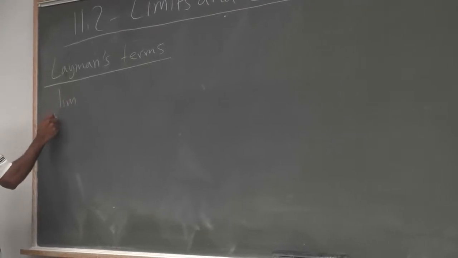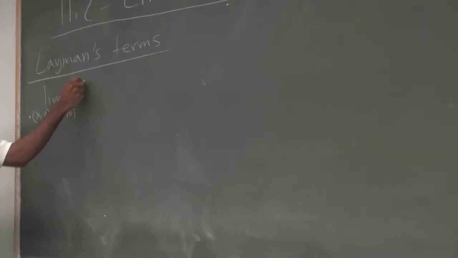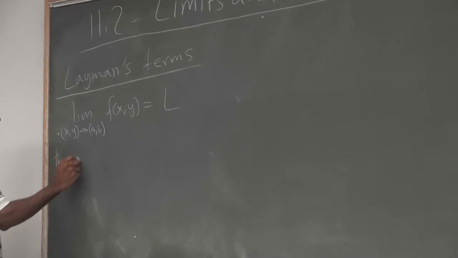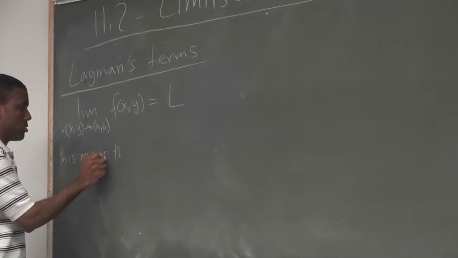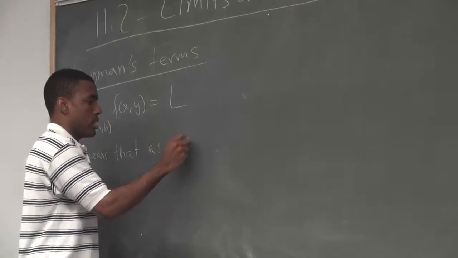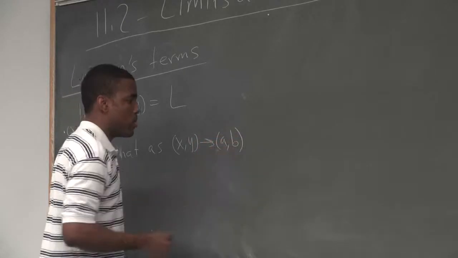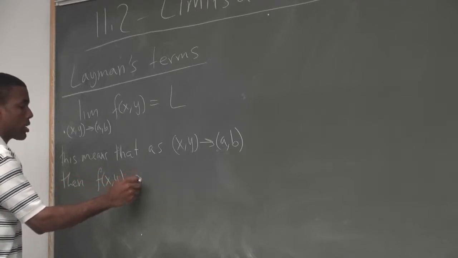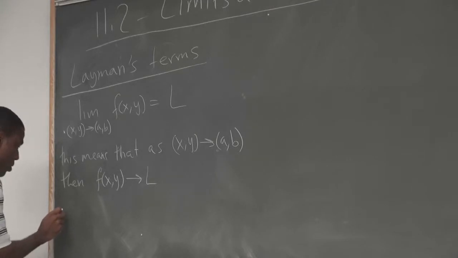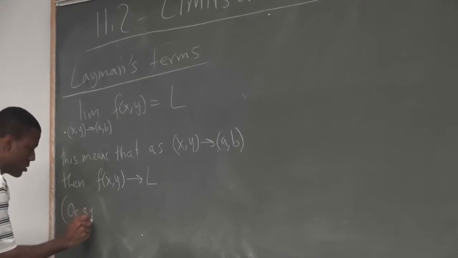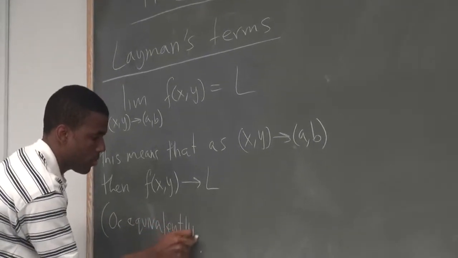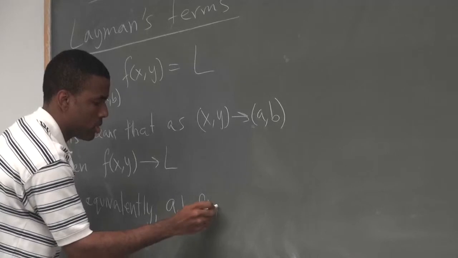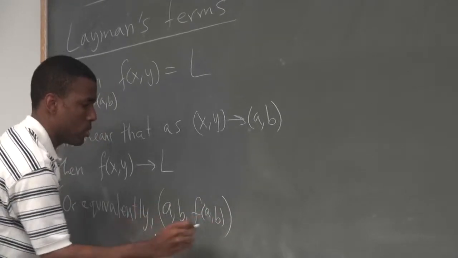If we say the limit as (x, y) approaches (a, b) of f(x, y) equals L, this means that if your coordinate (x, y) gets close to this coordinate (a, b) from any direction, then your f(x, y) will get close to L. Or equivalently, the point (x, y, f(x, y)) will get close to (a, b, L).